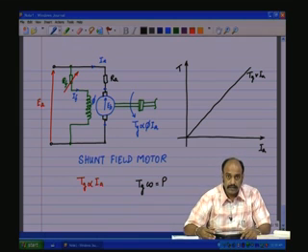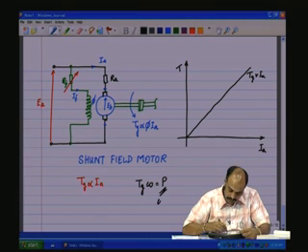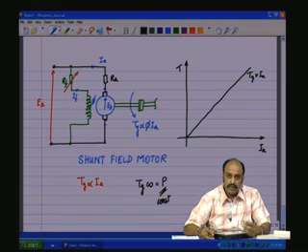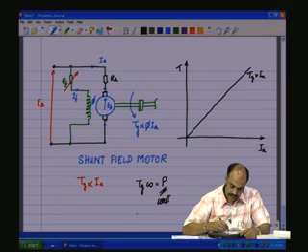Tg into omega is the power. Now, let us say we want to keep the power constant. So, when the power is constant, then Tg is inversely proportional to omega. That is, Tg is proportional to 1 by omega.